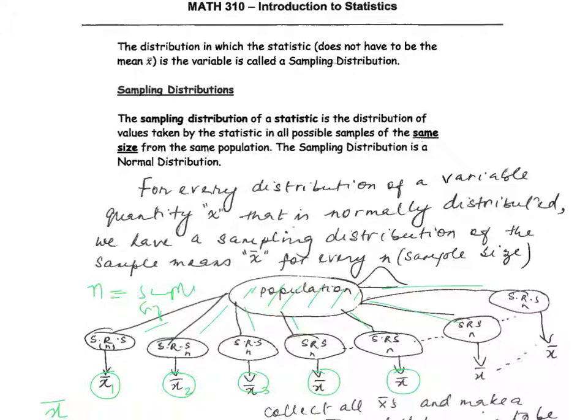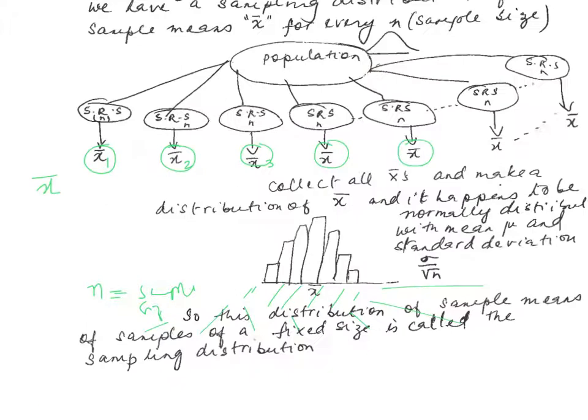It's no longer x, since we are now looking at the various x bars that are not necessarily the same because they're coming from different simple random samples. Our new variable is x bar. So we have multiple means, and that is our new variable x bar.